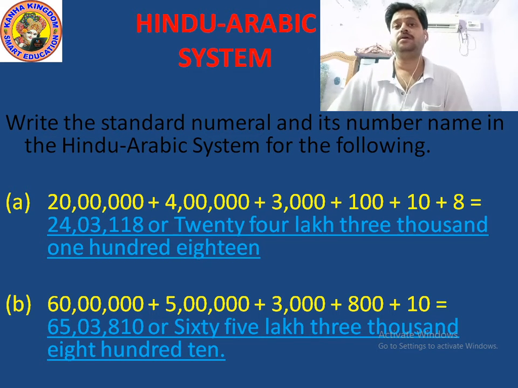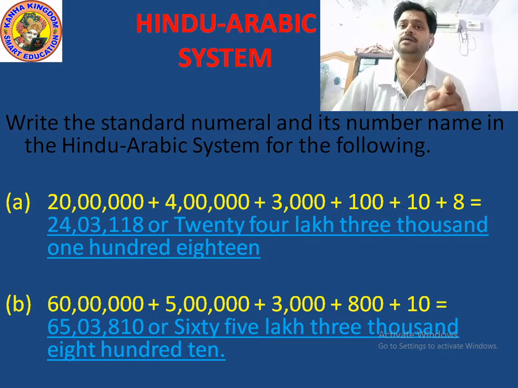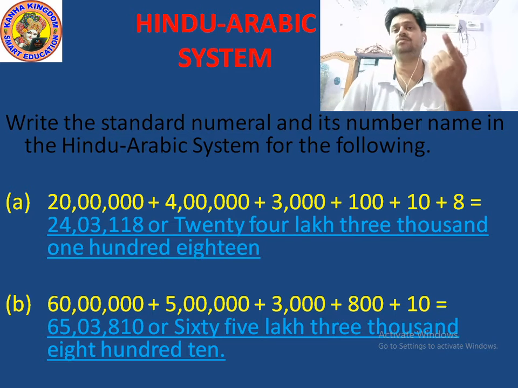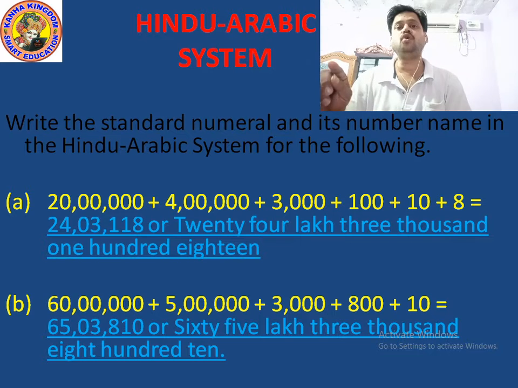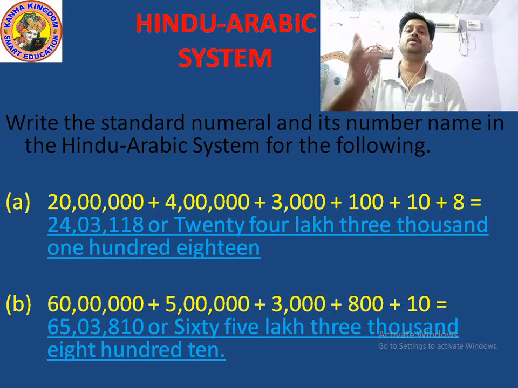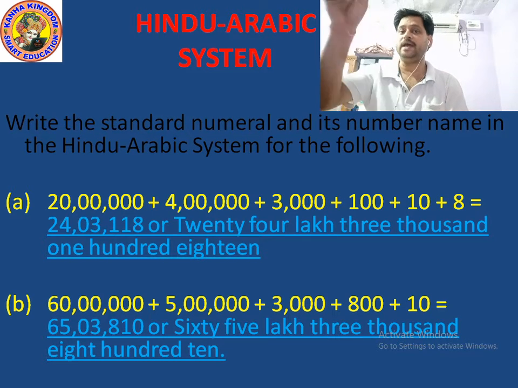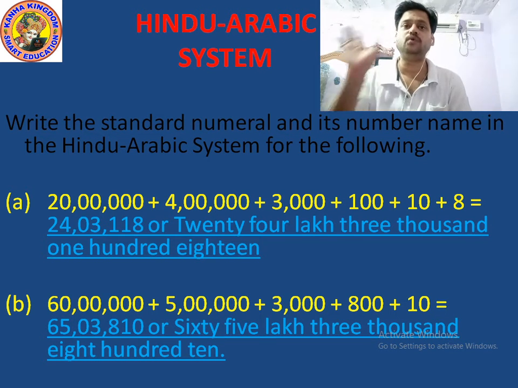Now the next number is 4,00,000. Here are also 2 commas, and after the second comma, a single digit, which is 4. When there are 2 commas in a number, it means 3 periods, and the third period is lakhs period, means 4 in lakhs period. Okay, 4 lakhs. So total is 20 lakhs plus 4 lakhs equals 24 lakhs.